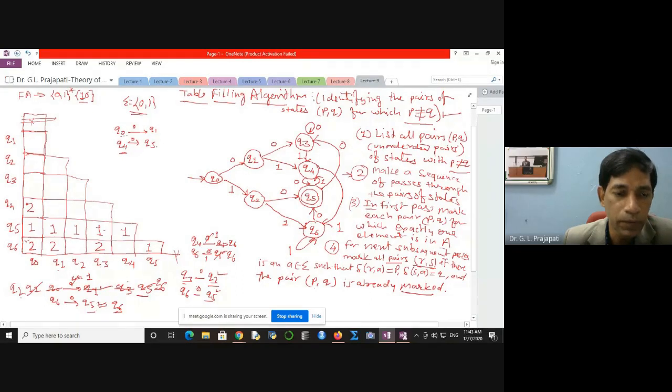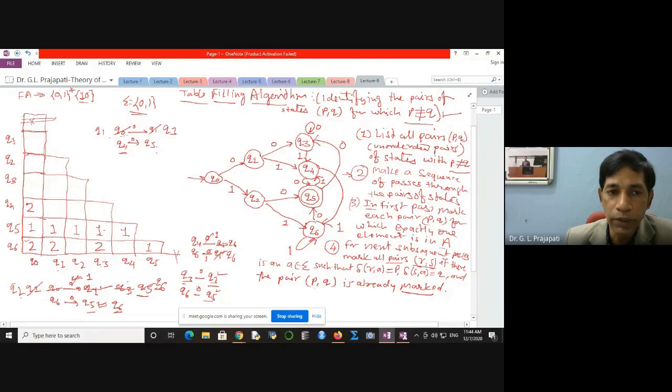Now you can consider whether Q1 and Q4 can be marked. This pair, Q1 and Q4. So from the Q1, if you are getting 0, where you are going? You are going to the Q3. If you are at Q4 getting 0, you are going to the Q5. And Q3 and Q5 is already marked.